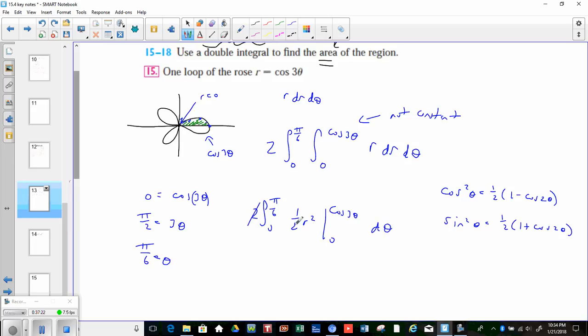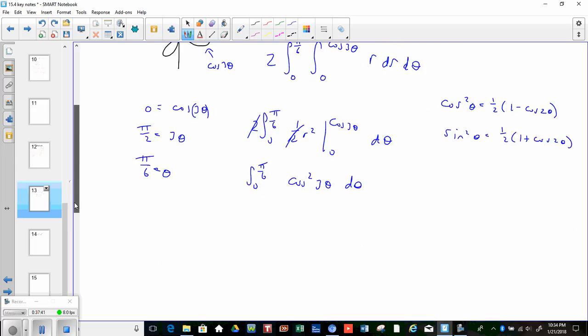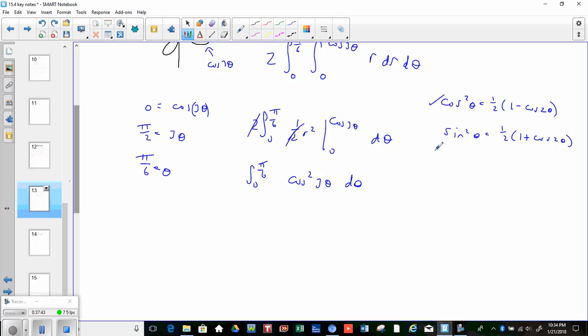The 2 and the 1/2 are going to go away. So I'm going to have 0 to pi 6. See, r squared is going to give me cosine squared of 3 theta. Plugging in 0 gives me nothing. So d theta. This is why we need this guy right here.